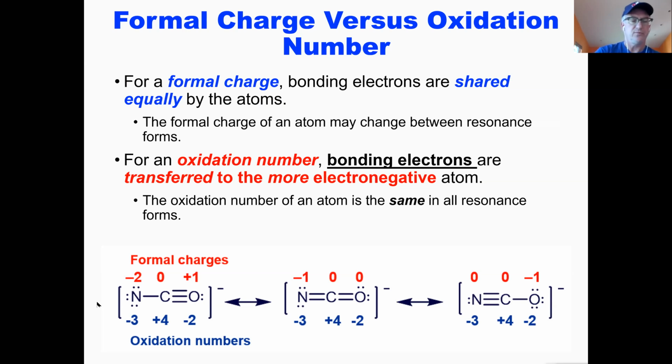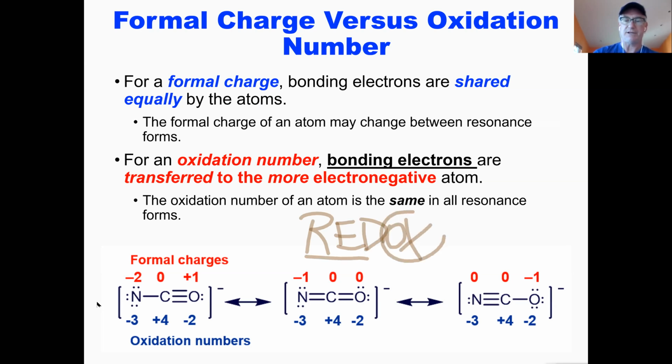In other words, redox reactions are what they're called, for reduction and oxidation. Now, we talked about oxidation being an atom losing electrons. When it gets oxidized, it loses electrons, generally to oxygen, which is why it's called oxidation. Reduction is when it gains electrons.